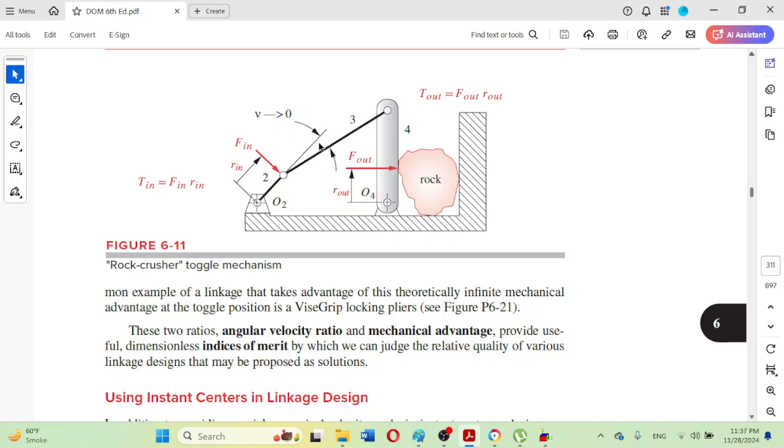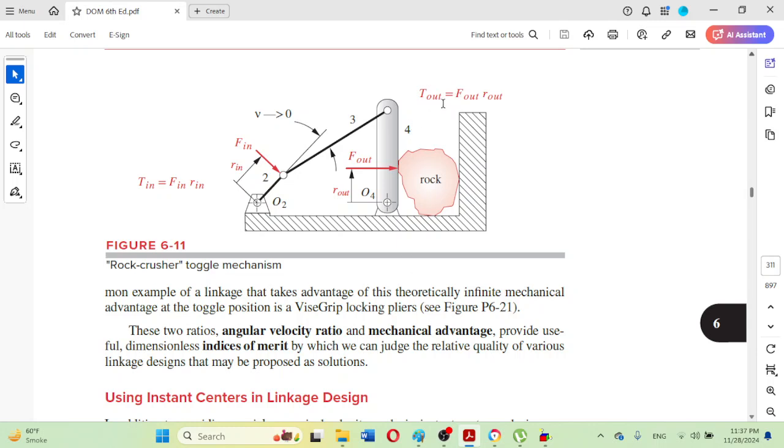So here, as we can observe, this angle V is approaching 0, means as soon as angle V will be 0, the mechanical advantage will be going to infinity. So here, as we can observe, this is actually the effective output radius. So at this moment, output force will be applied to crush this rock in this way.